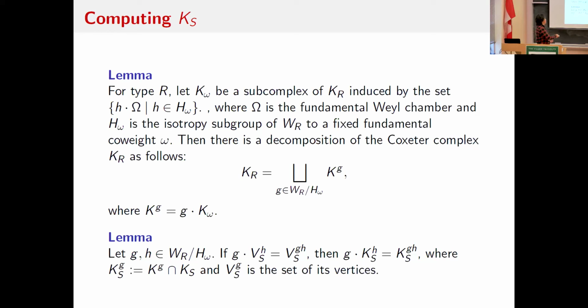So then the Coxeter complex is decomposed by these subcomplexes, and Kg is G acting on K omega.